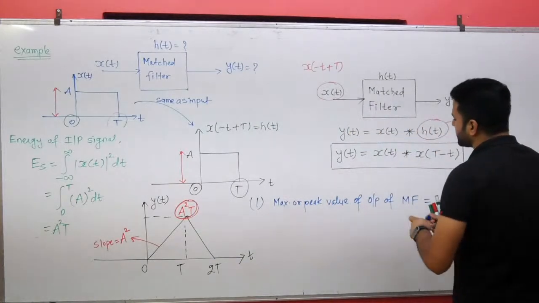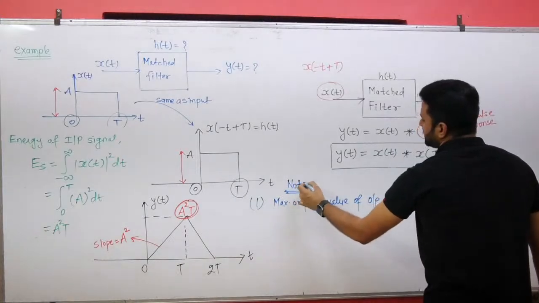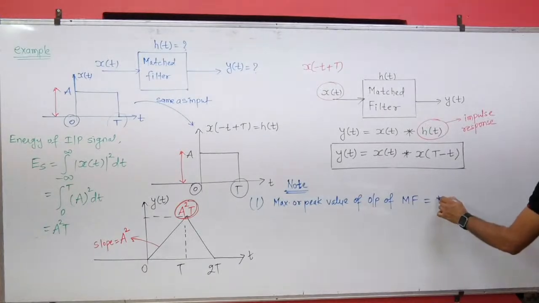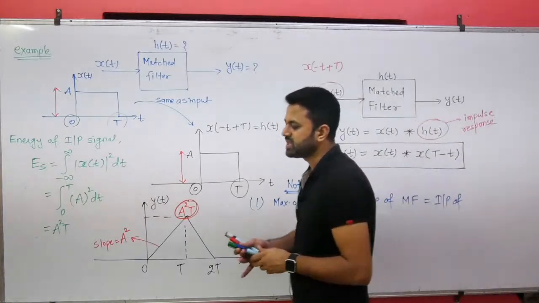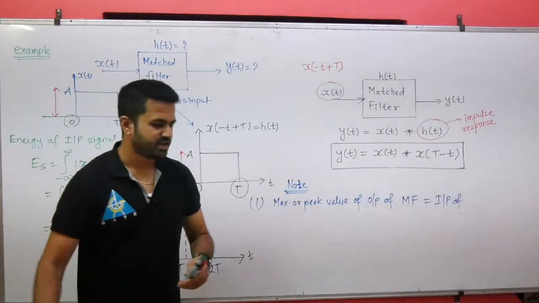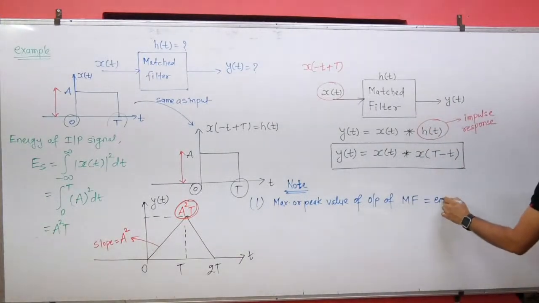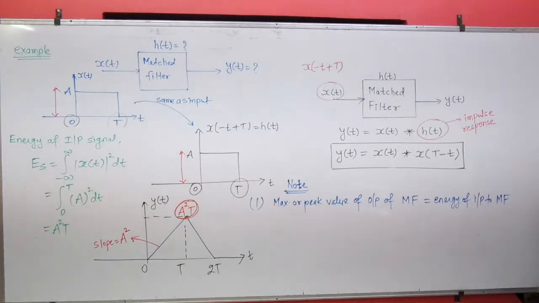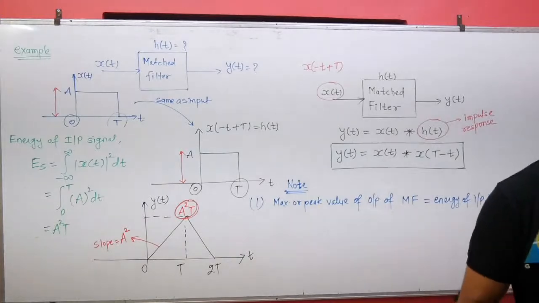This is a very important point to be noted: the maximum or peak value of the output of the match filter is equal to the energy of the input signal to the match filter.